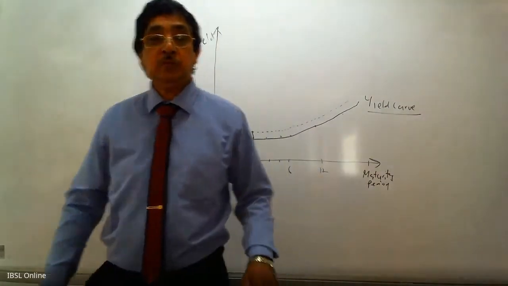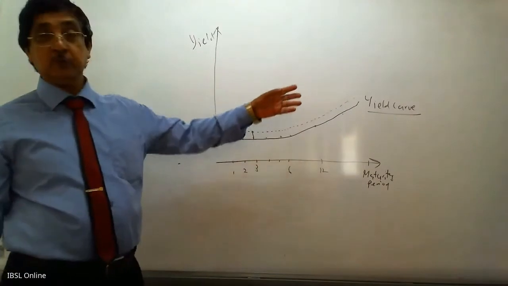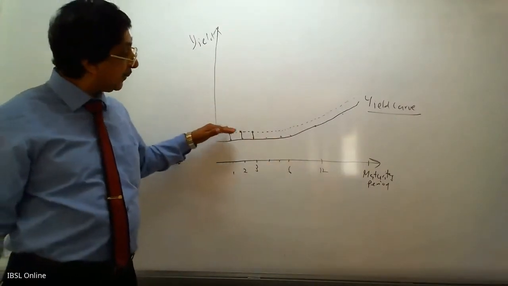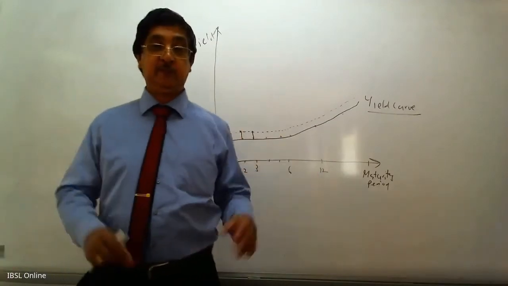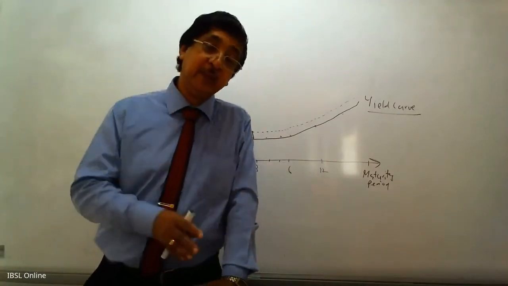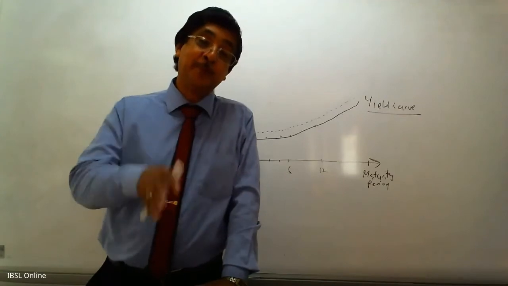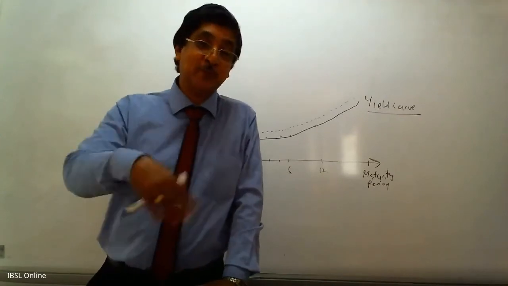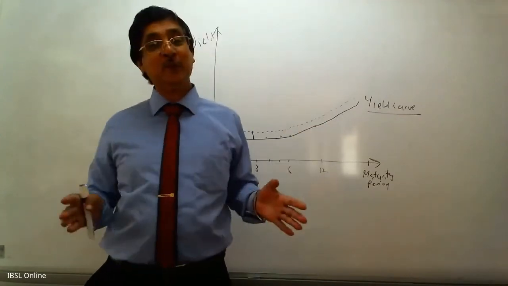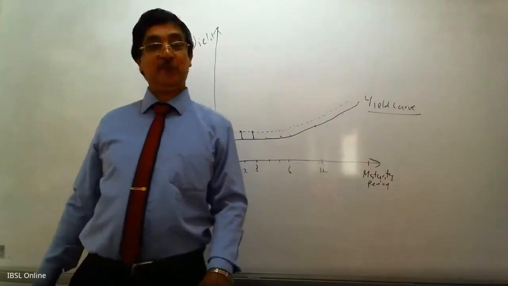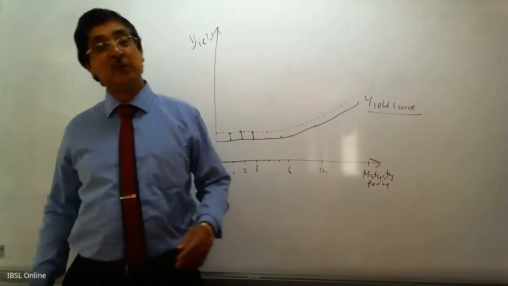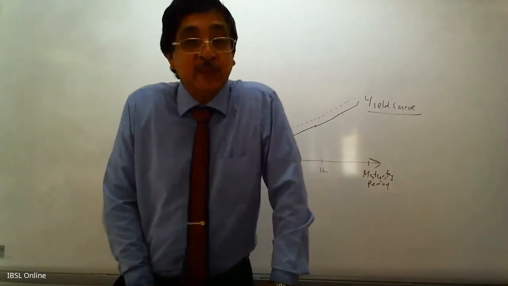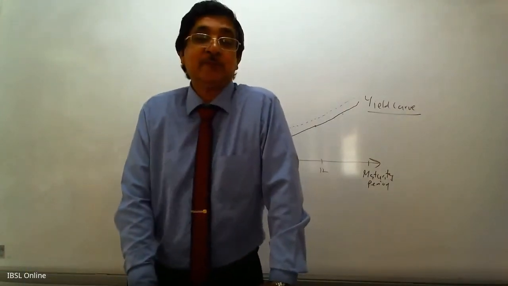Now, if you have a portfolio, then if there's a parallel yield curve shift, if it is immunized, there won't be any value drop in the total portfolio because the total portfolio duration is 0. So such portfolios are known as immunized portfolios.